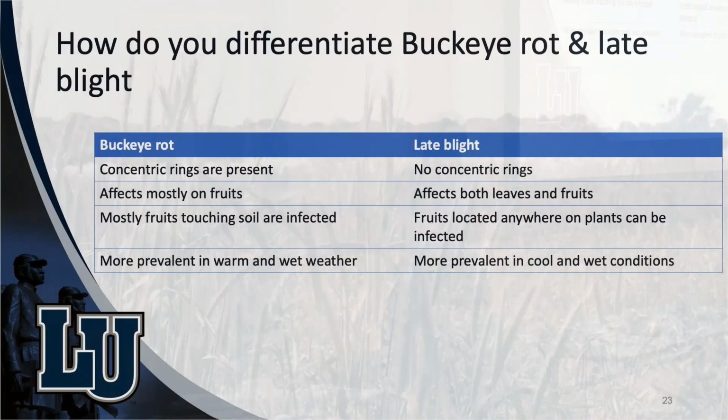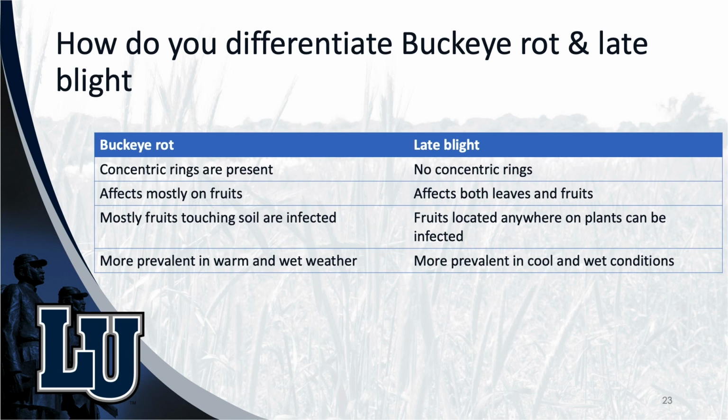What are the major differences between buckeye rot and late blight? Both are caused by Phytophthora species, but there are major differences that can help you differentiate without even sending samples to the diagnostic lab. Buckeye rot has concentric rings on the fruit, which you will not find on the fruits infected with late blight. Buckeye rot affects only the fruits, whereas late blight affects most parts of the plant.